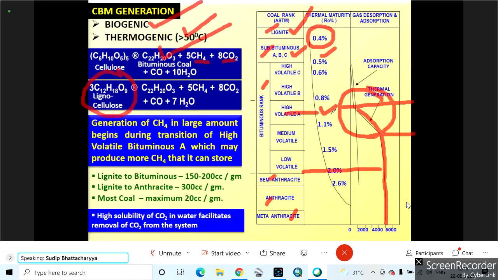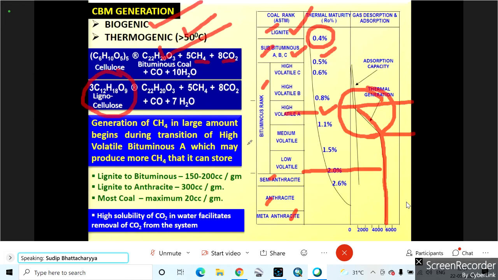So what will we tell? If we have a rock, we have seen it under the microscope, and we can determine that its thermal maturity or vitrinite reflectance level is 0.8 to 1.2, then we will tell that it is a high volatile A to medium volatile coal, and it will give you the maximum amount of methane gas if it can be used as your hydrocarbon potential.